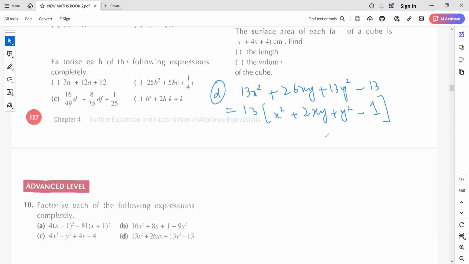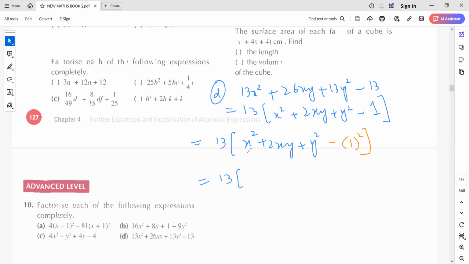Now I can apply that identity. 13 times x squared plus 2xy plus y squared, and for 1, I can write it as 1 squared.